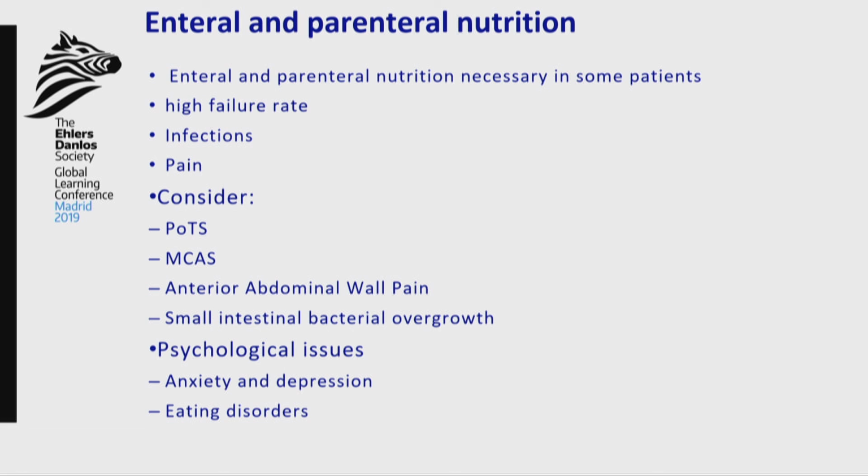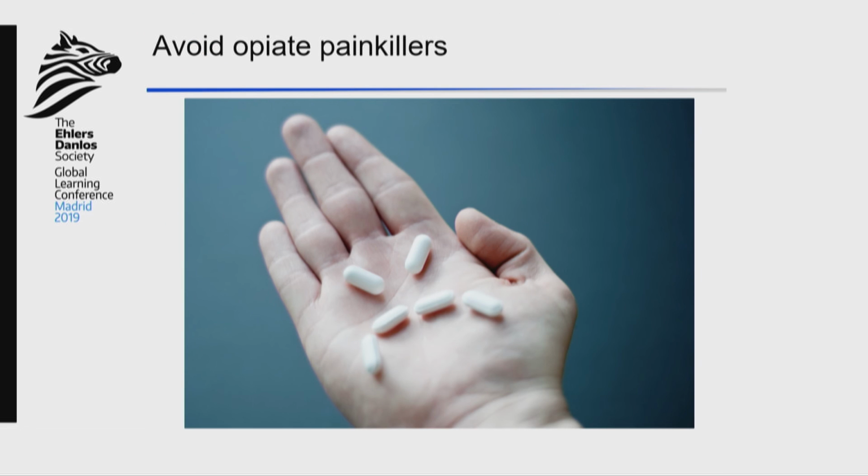And psychological issues need to be looked at, and there's a very small proportion of patients we're beginning to see where there is some overlap with either disordered eating or eating disorder, and we need to look into all of those aspects as well. And I think the general principle is to avoid strong painkillers like opioids, because morphine and all the other derivatives like that actually slow the gut down and make all the symptoms worse.